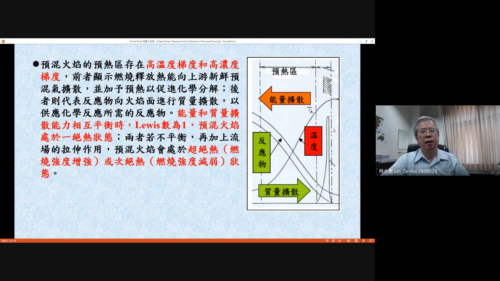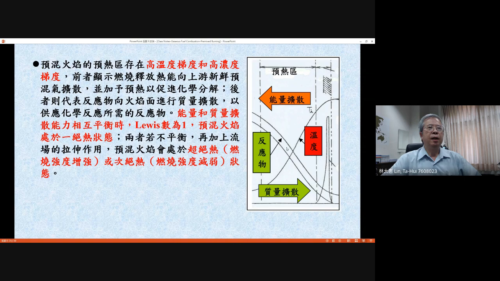premixed flame. One is definitely the reaction zone. This is the thin flame zone involving very strong chemical reactions, and the very fast chemical reaction can be completed in this thin flame zone. In front of the reaction zone, we have the so-called preheating zone.